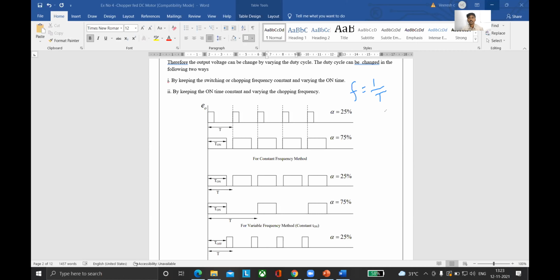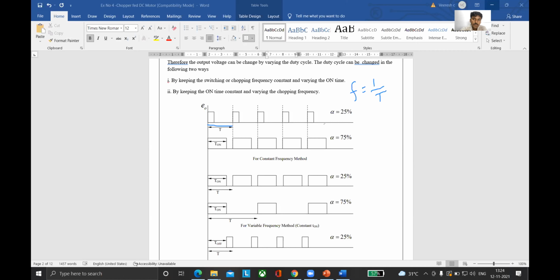Am I right? If the total time period is constant, the frequency is also constant. So how can we keep the time period constant? Here, this is the total time period.